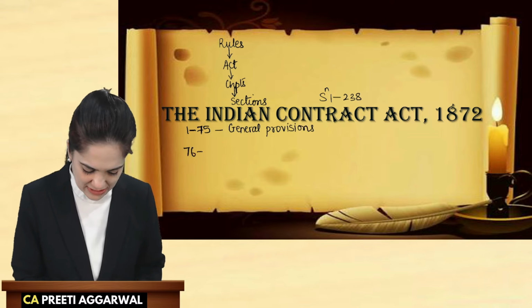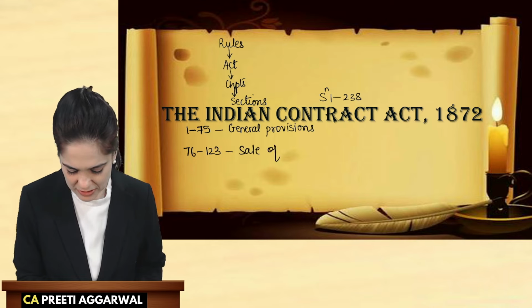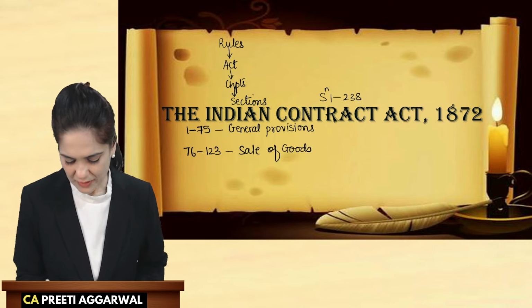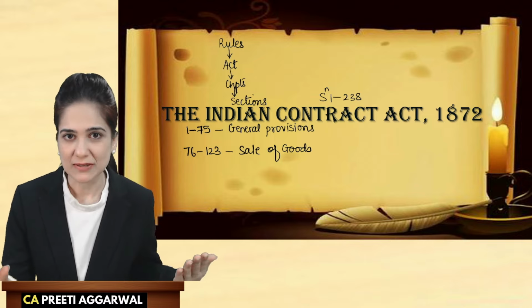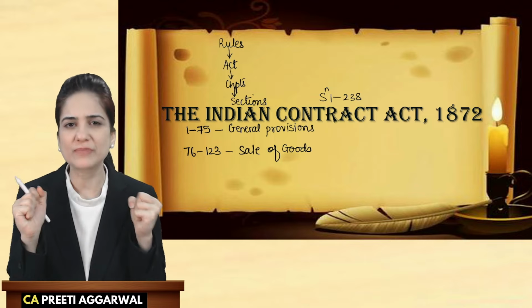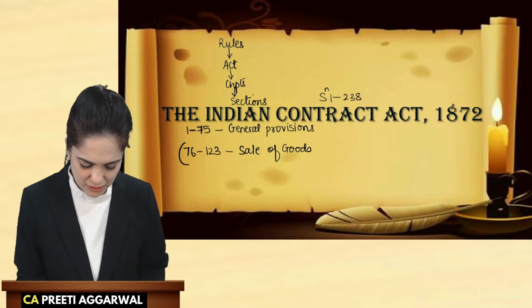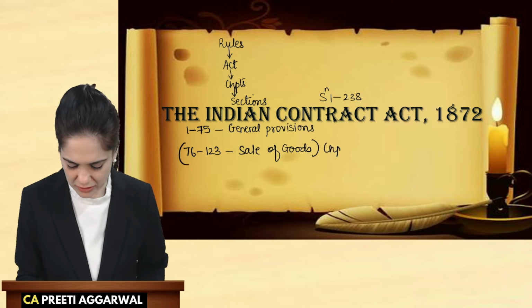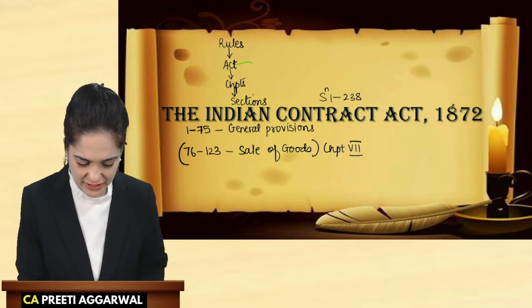Section 76 to 123 related to sale of goods. But these sections were later on repealed. Repealed means they were removed from the act as if they never existed. These sections were covered in chapter 7. I had discussed with you that the act is first divided into chapters and chapters are then divided into sections.